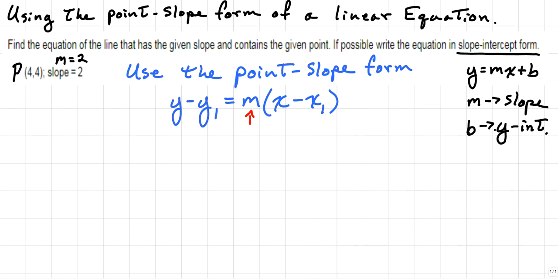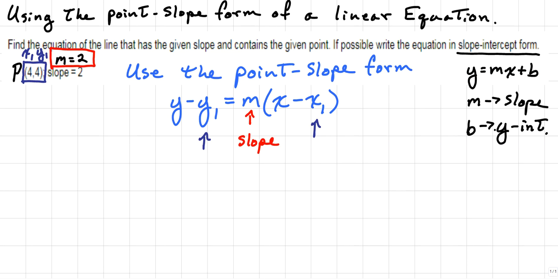This right here we know is our slope, which means that this will replace what I just indicated in the equation. Then we know that y sub 1 and x sub 1 will be the coordinates of the given point, remembering that x sub 1 comes first and y sub 1 comes second, since it is an ordered pair.